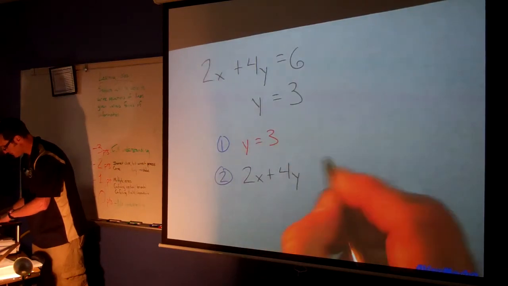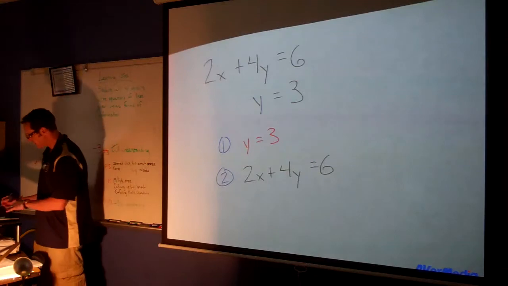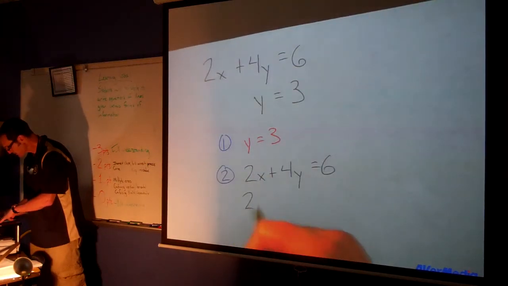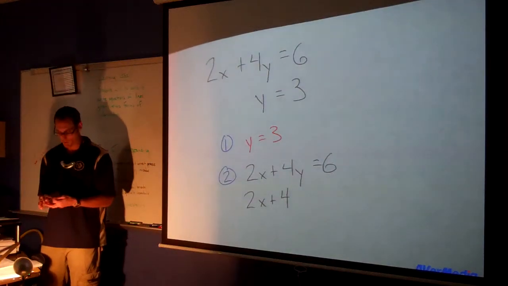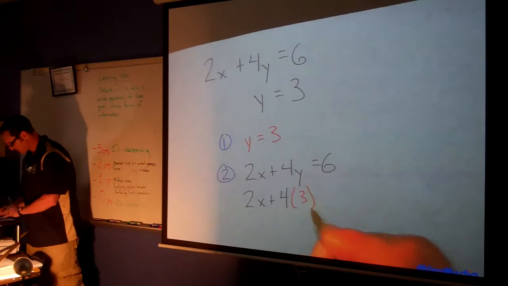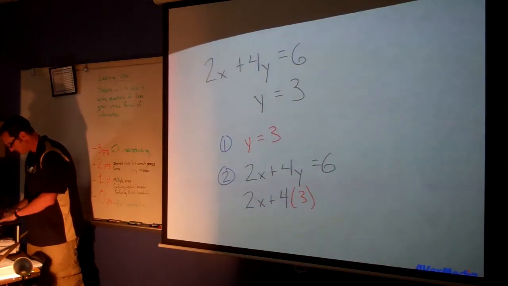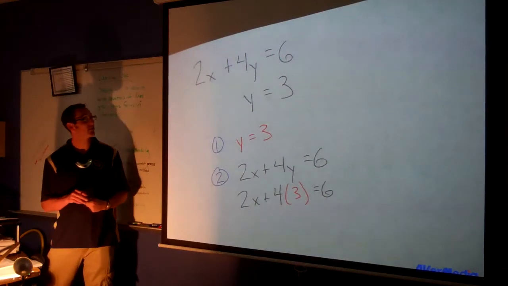We have 2x plus 4y equals 6, but we know that y equals 3. So we're going to substitute that value for y. Not for y anymore. We know y is equal to 3. And that is what will equal 6. So that is the second step.